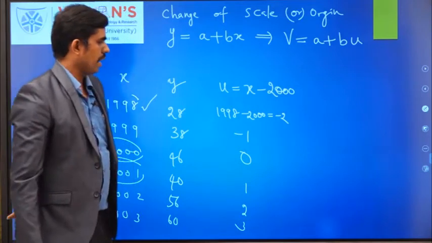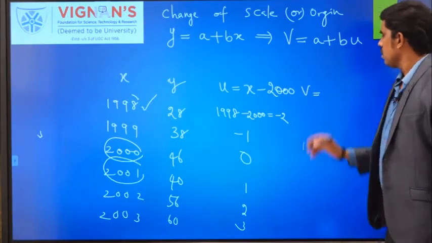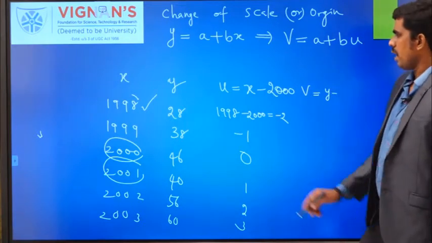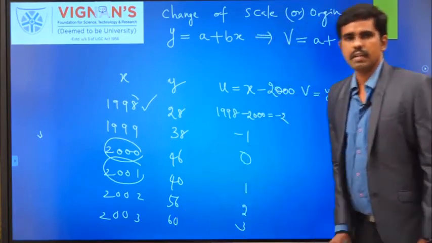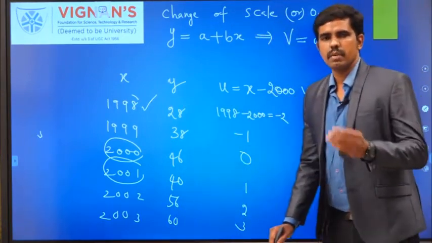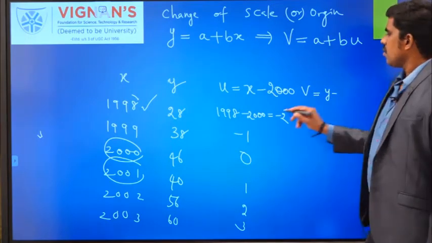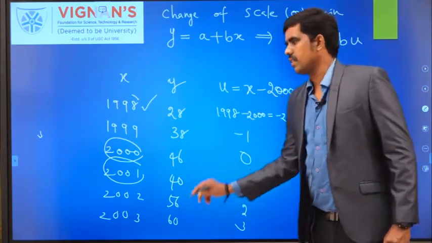Next, the v value, which is y minus some value in this data, but you have to select the best value. What do I mean by best value? That value should be near to the average of the given data.